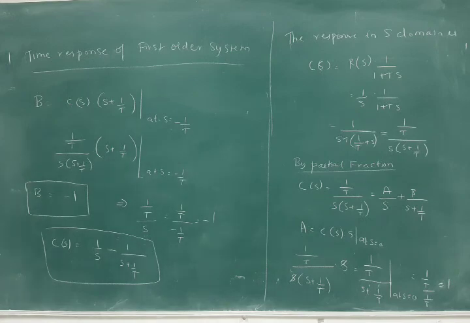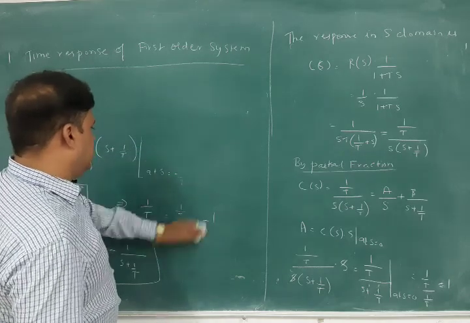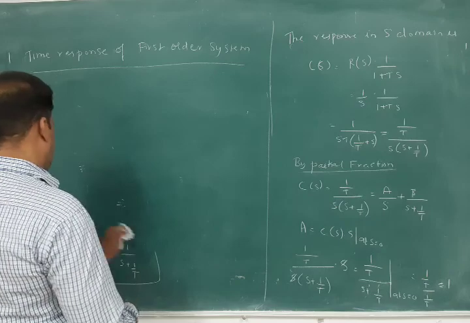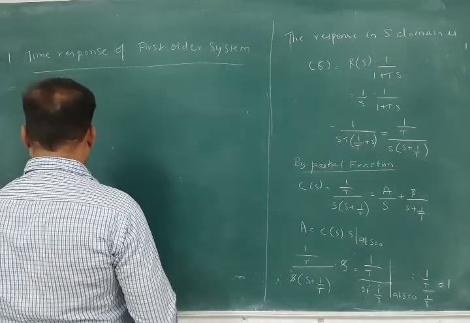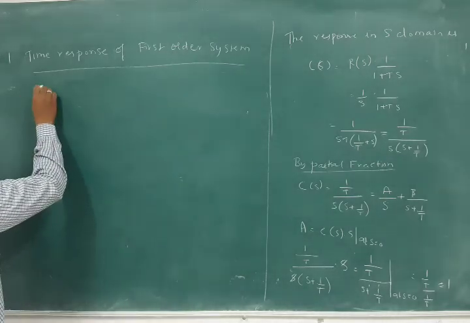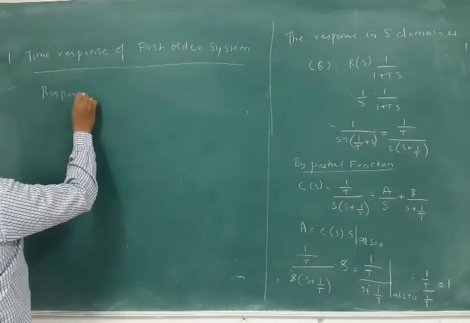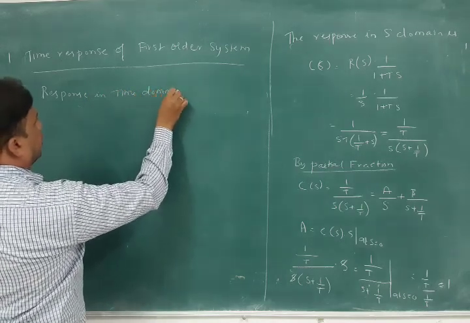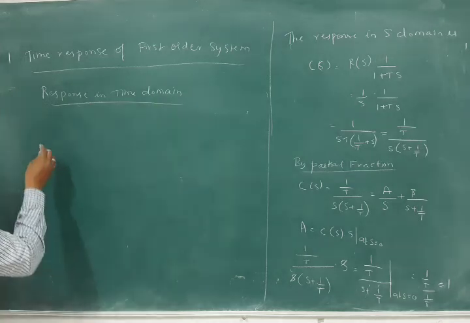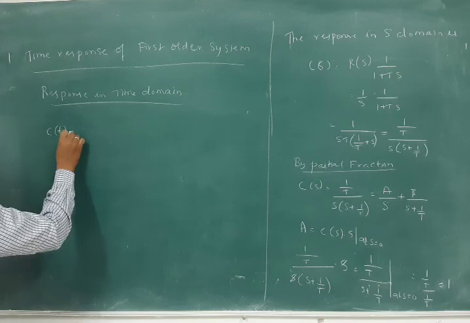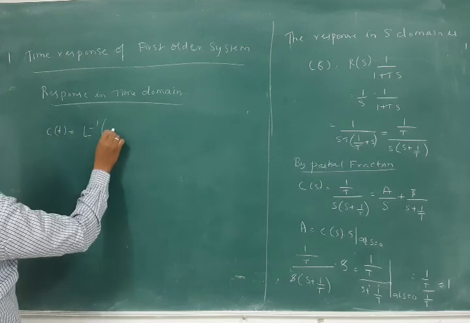Now, the response in the time domain should be given. How can we find out the response in the time domain? So, the c of t equation we will write, that is equal to L inverse of c of s.